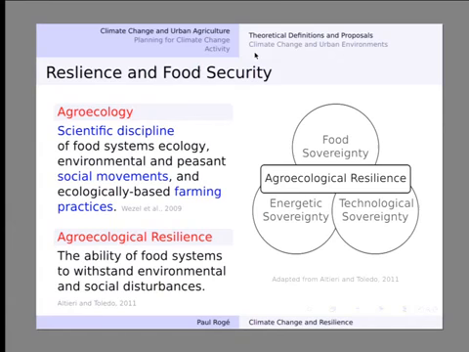So one way to view it is through the lens of sovereignty. And we, in the agroecological world, prioritize local sovereignty of people to make food choices and also control the energetic sources they use to drive their lives and the technology they choose to employ when they're, for example, growing food.